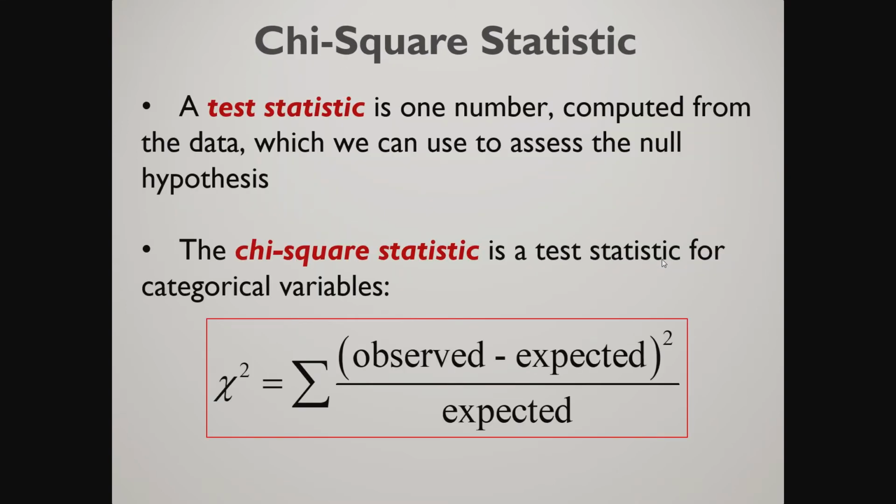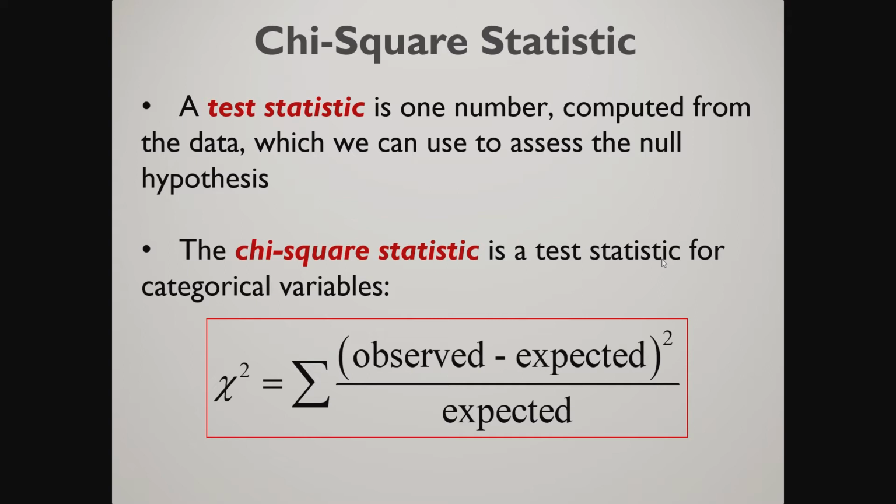for whatever test. Okay. So the chi-square statistic is computed from the data, and that's what we're going to use to assess a null hypothesis. Chi-square statistic is used for testing whether or not categorical data matches a particular distribution, in this case a uniform distribution.